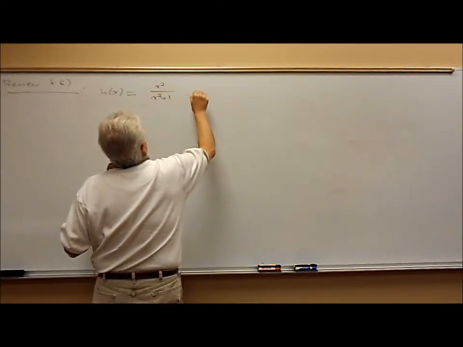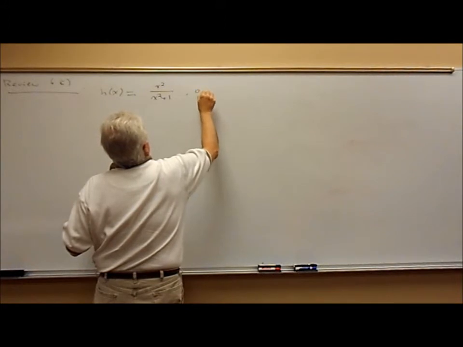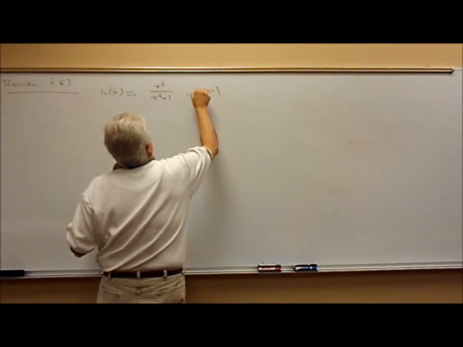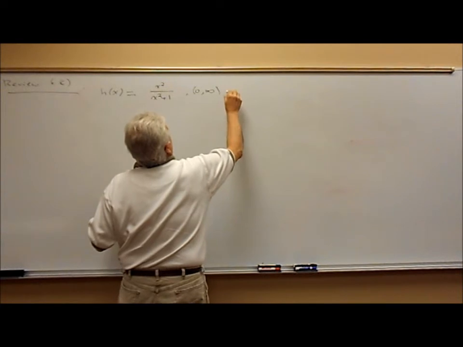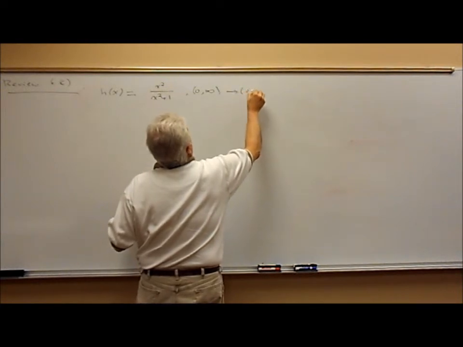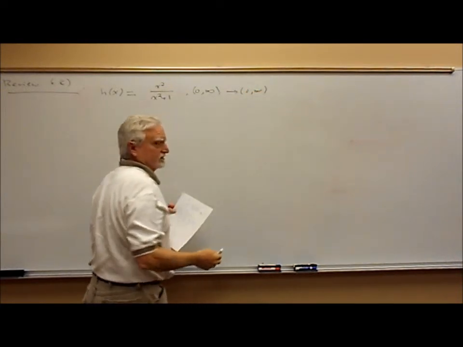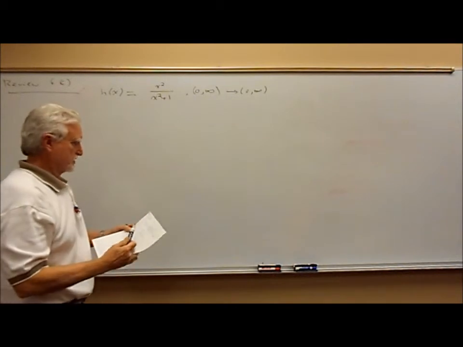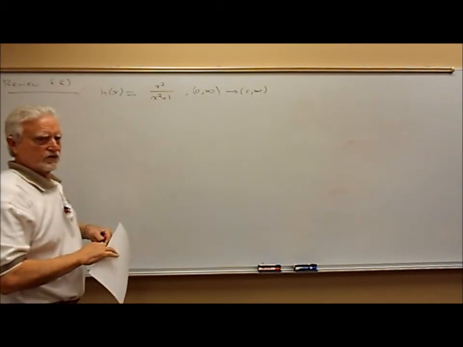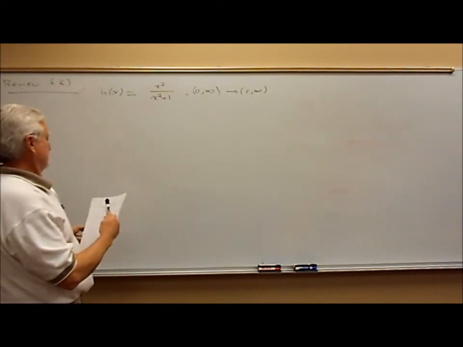She wrote it as n, and I wrote it as x, because its domain is the interval 0 to infinity, and its range is the interval 0 to infinity, implying the positive real numbers. And we're kind of used to using x for the variables there.